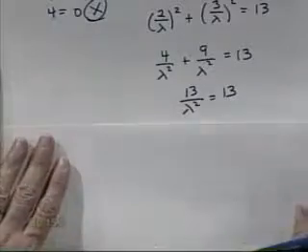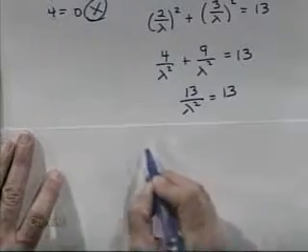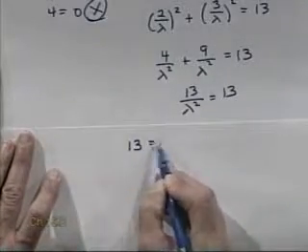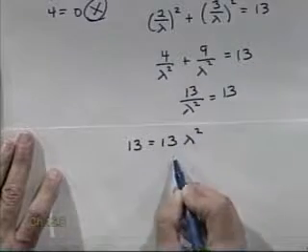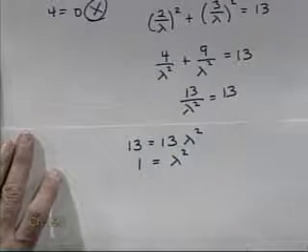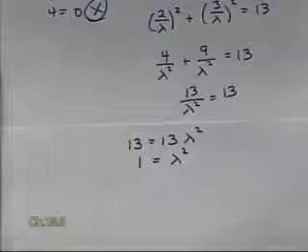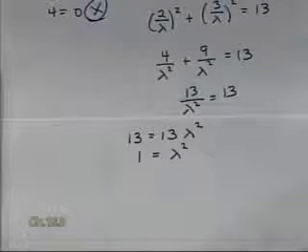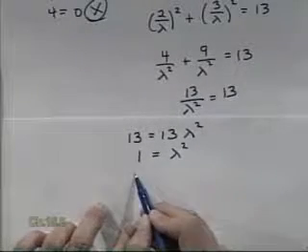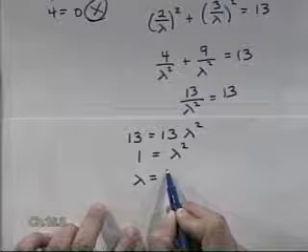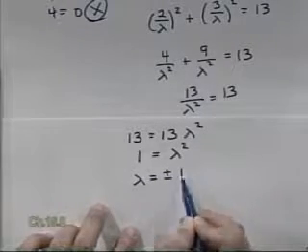If we multiply through by lambda squared on both sides, I get 13 is equal to 13 lambda squared, or lambda squared is 1. What's lambda? 1 or minus 1. Right?